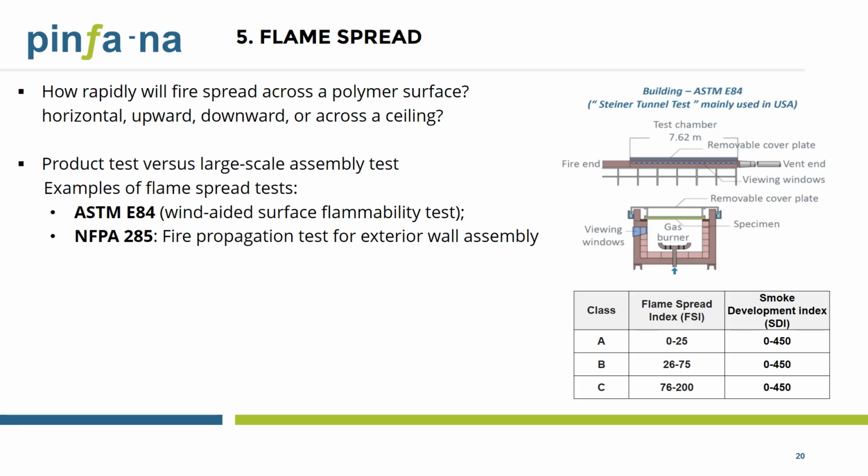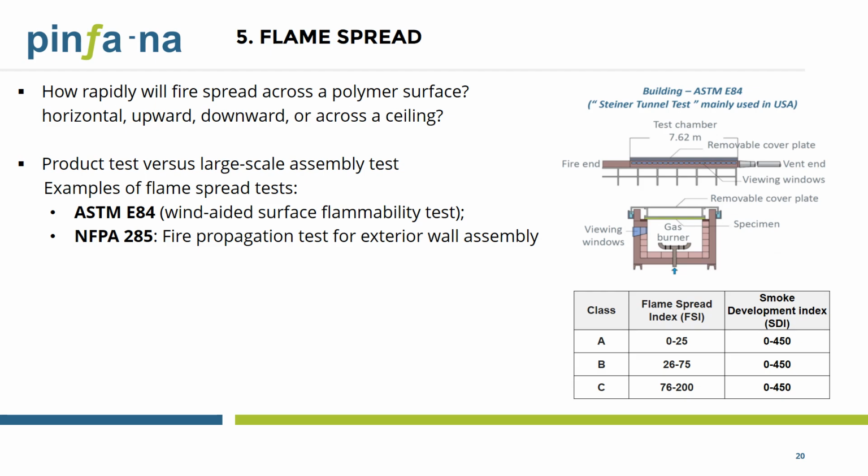Such a class rating is based on the Flame Spread Index (FSI) and the Smoke Developed Index (SDI) results, which the test measures. We'll watch a short video demonstration in the next slide to show how the E84 test is run, what the test measures, and the sample requirements, etc.